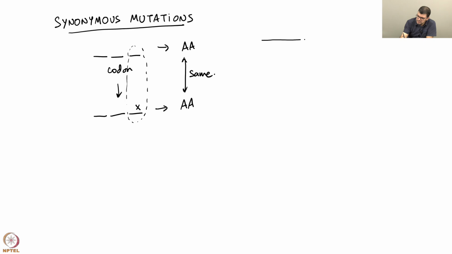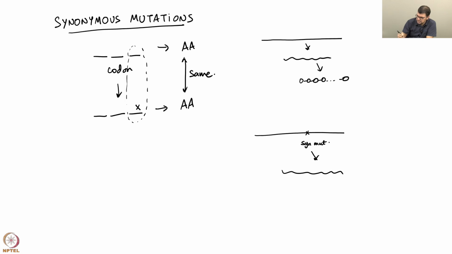So, imagine that this is DNA sequence 1, this is DNA sequence 2, and this one has a mutation here which is a synonymous mutation. After transcription we will get mRNA, and after translation we will get a peptide chain, amino acids linked together.